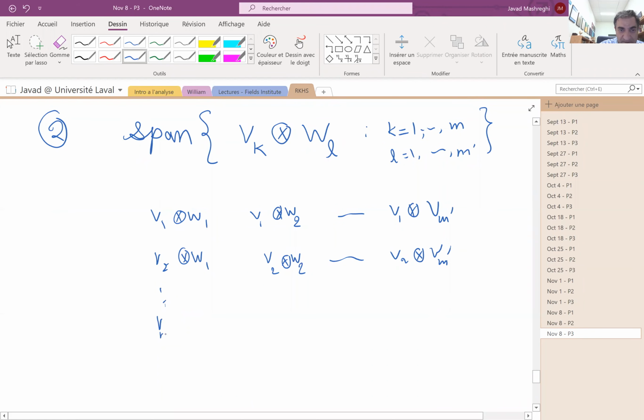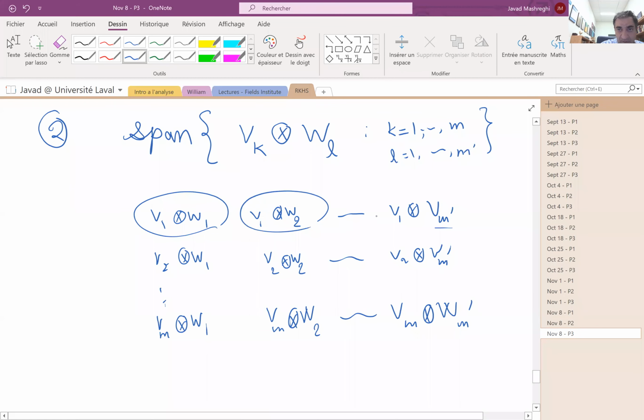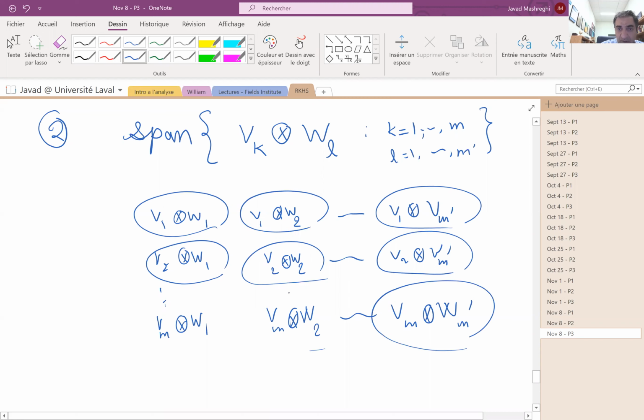These are my elements. And a span means that you multiply each of these by a constant and add them up.